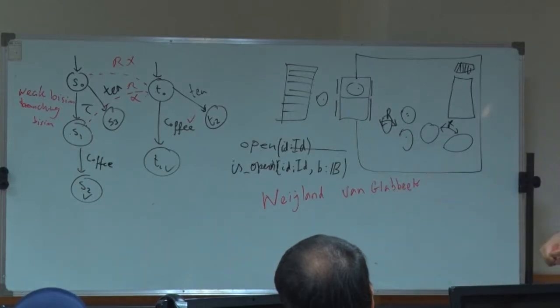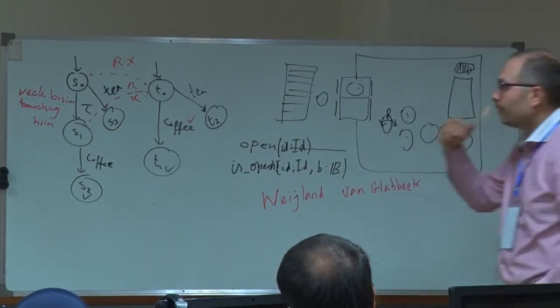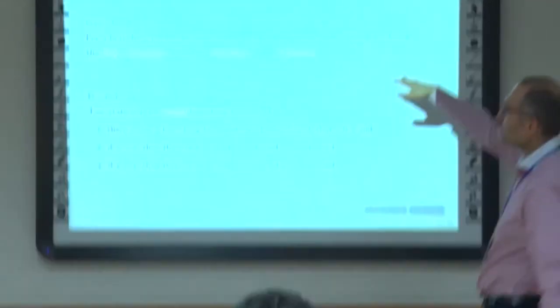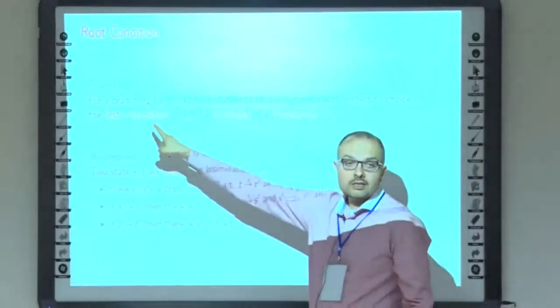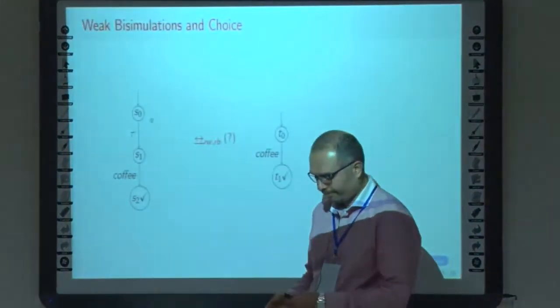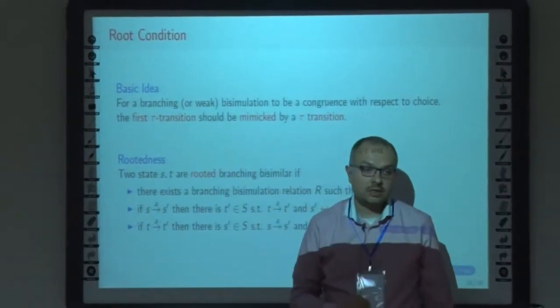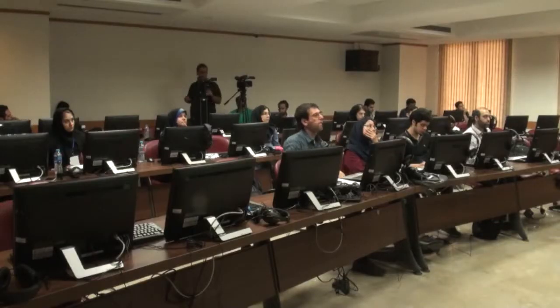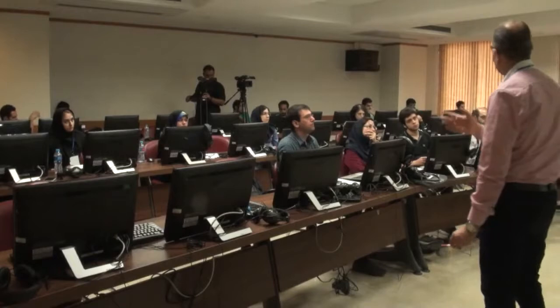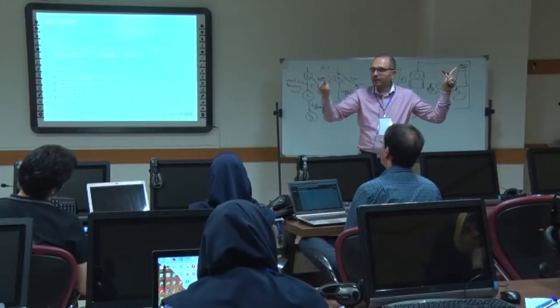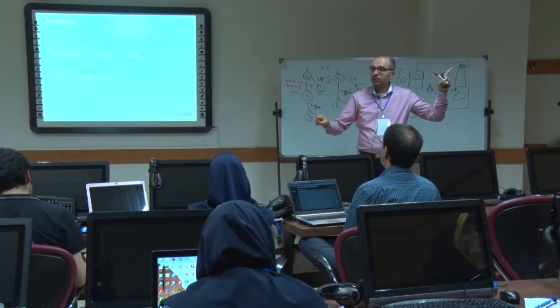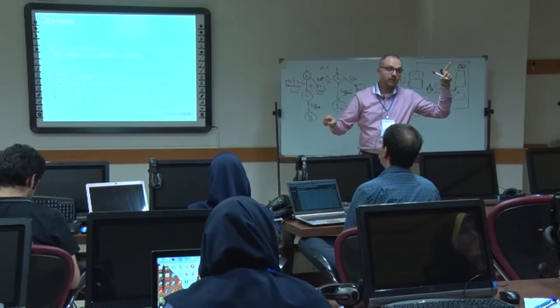And it's a nicely written paper, whereby they state, in order to fix this problem, you require the first tau transition to be mimicked exactly by another tau transition. You're not allowed to stay in the same state. So only from the initial state. If one side can do a tau transition, the other side should mimic that tau transition with another tau transition.